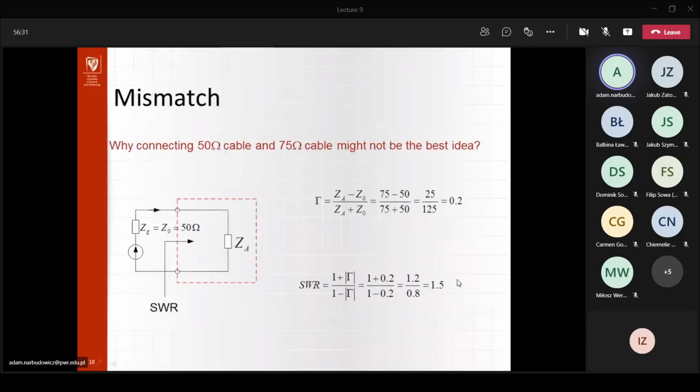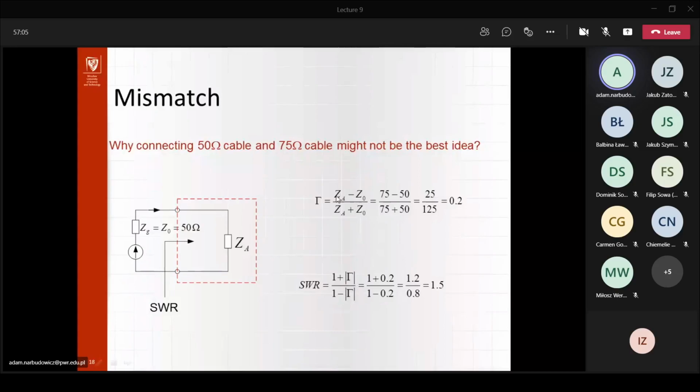I wanted to go through a brief example. This is a case where we have two cables. One has 50 ohm impedance, the other cable has 75 ohm impedance. For simplicity, we are talking here about real impedance, just because that's how most cables are characterized. However, of course, in the generic case, this can again be a complex number. So how do we calculate this?